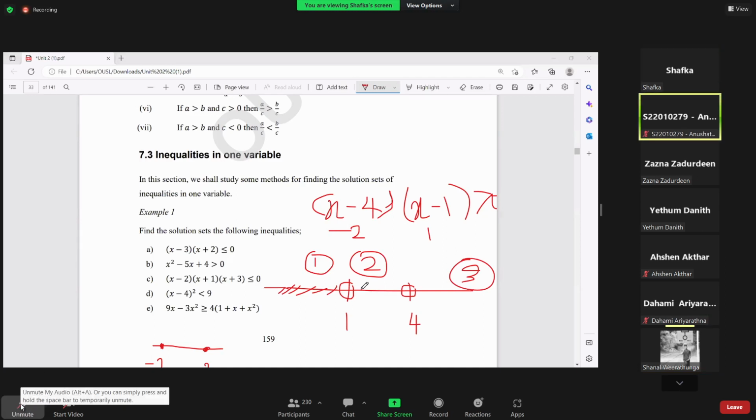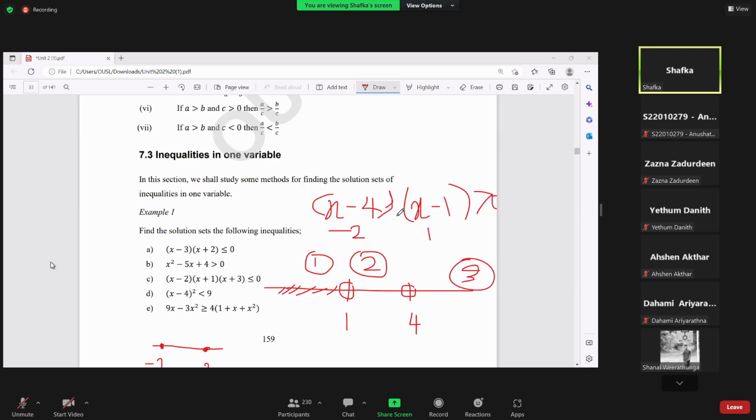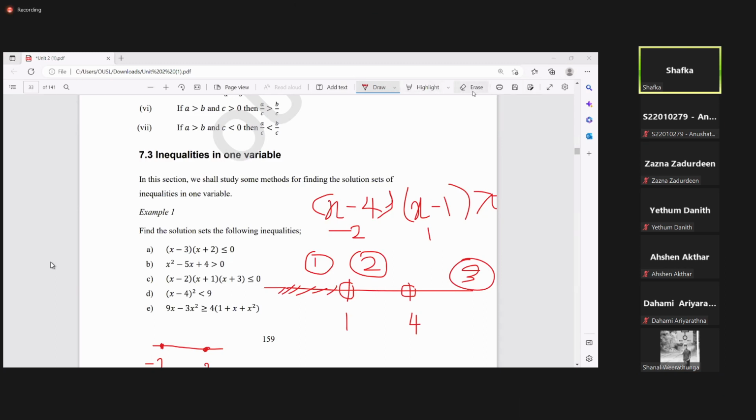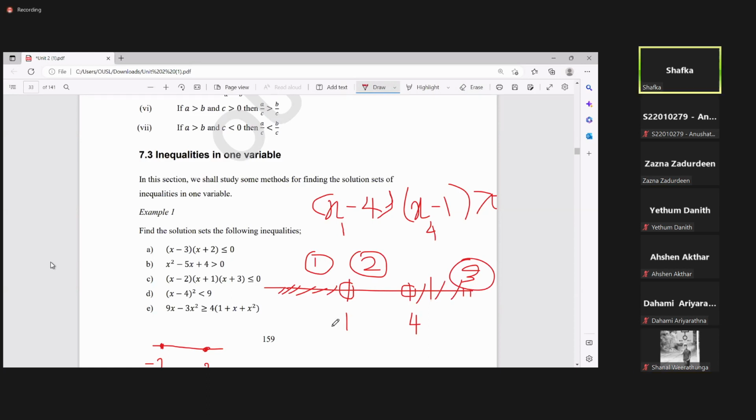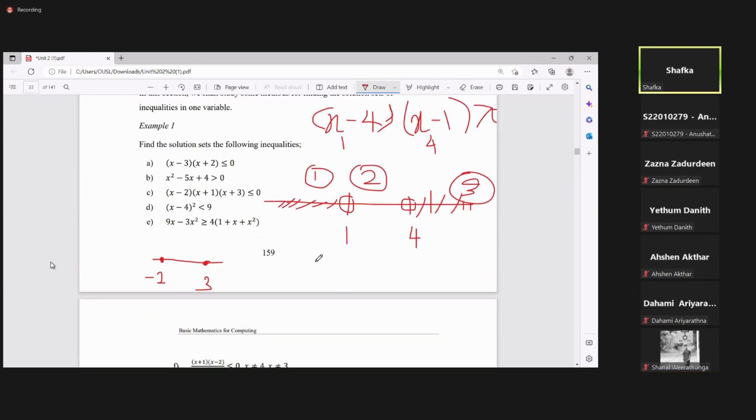No. So we have to remove that. Next case? 5. 1 and 4, so 4. It is satisfied. Okay, so this is the solution.